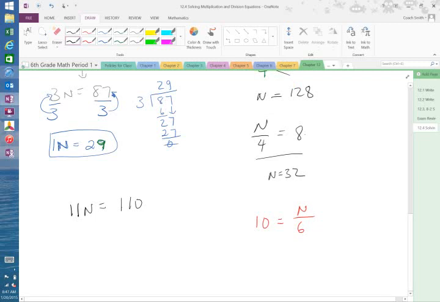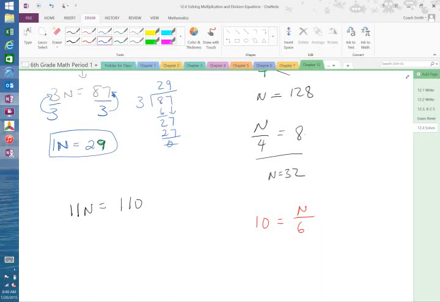All right. Let's look at 11n equals 110. How do we solve this? Somebody tell me, how do we solve this? Brandon, glad you volunteered. How do we solve 11n equals 110?